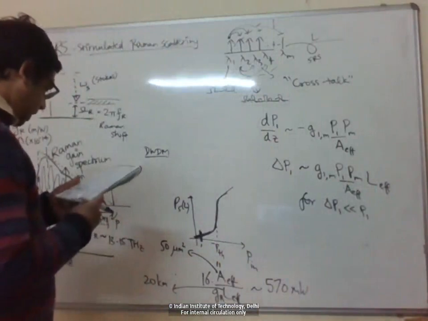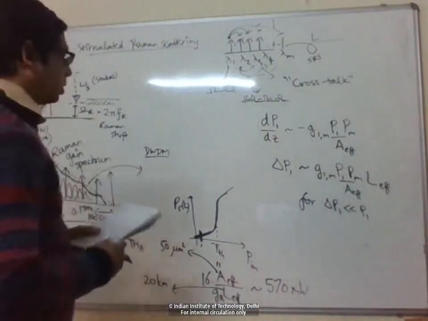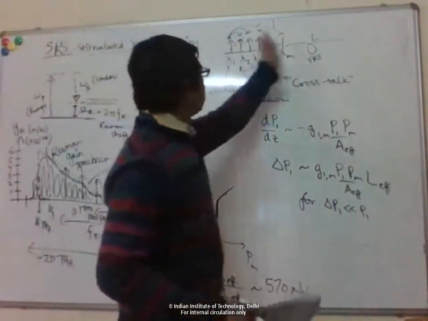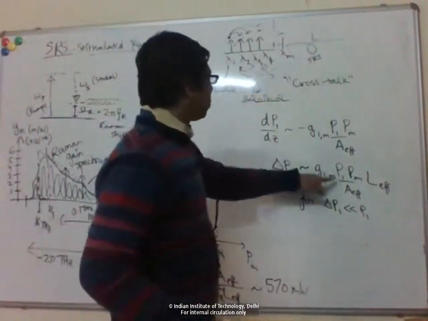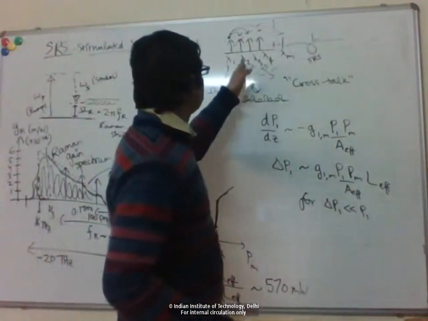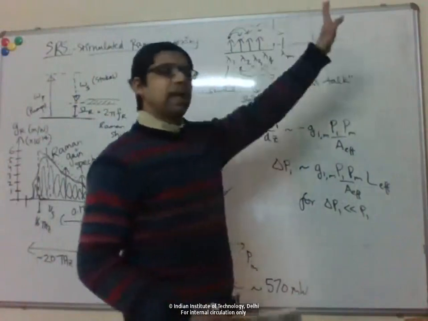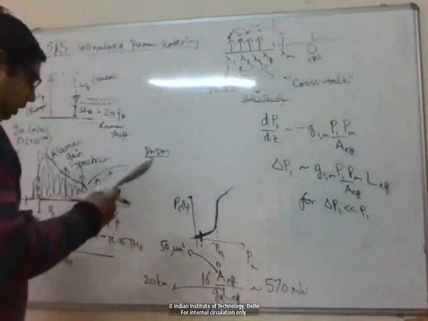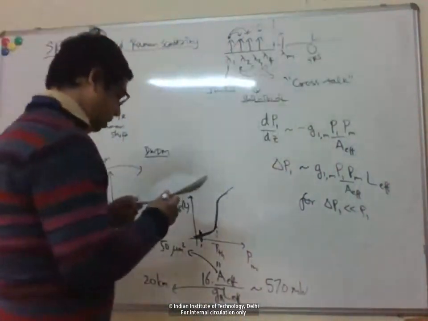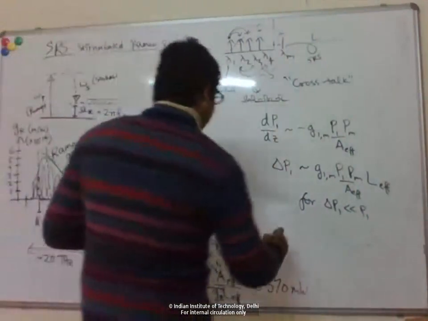Now, of course, we have multiple channels. So this m goes from 2 all the way up to capital N, where N is the number of wavelength channels.